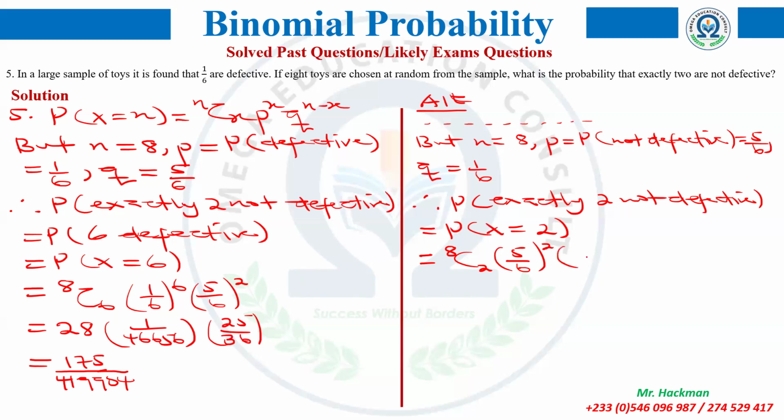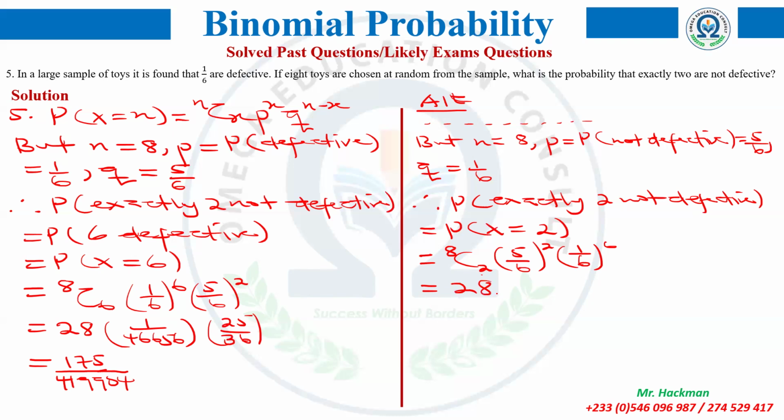Then into your q now, which is 1 on 6, to what power? Remember, you have to get 8, so it will be 8 minus 2, which is 6. Okay, so now let's do this and see. 8 combination 2. You said what? 28. Okay, so that will give us 28.